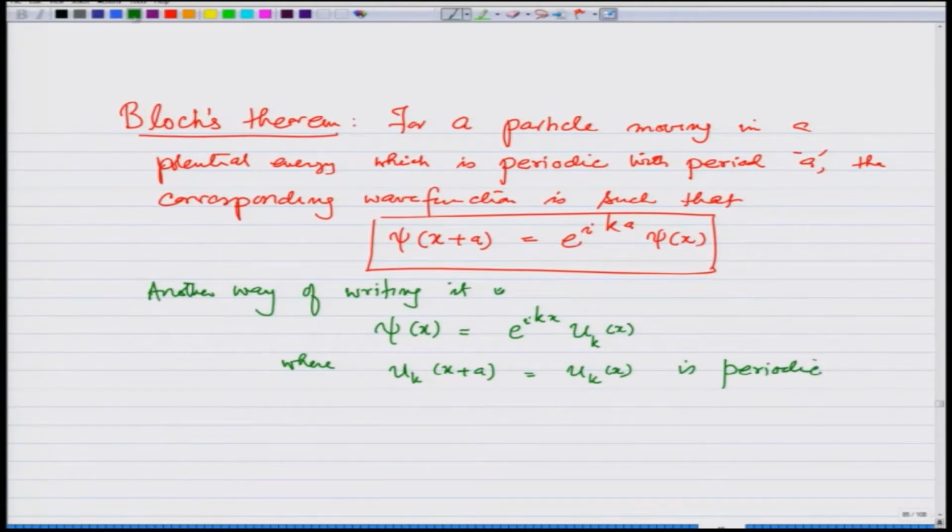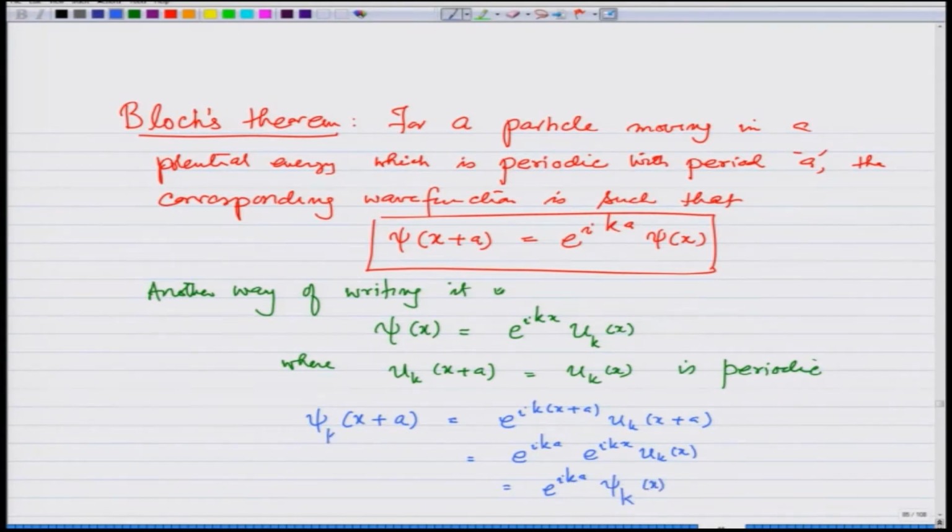How so? So, I am going to have psi(x plus a) equals e raised to i k (x plus a) u k(x plus a), and since u is periodic, I am going to have this as e raised to i k a e raised to i k x u k(x), which is the same as e raised to i k a psi k(x).